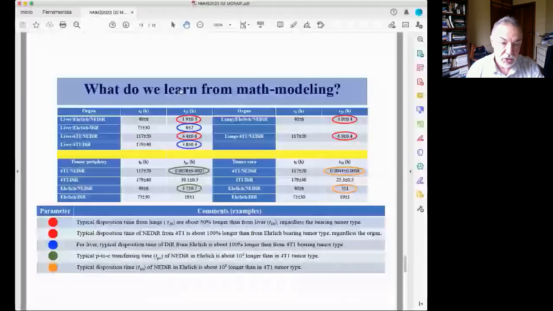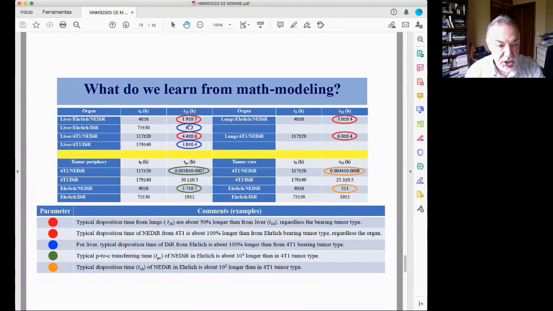And again, you can extract data with much more confidence than if you are not using mathematical modeling. So you can see a huge difference between the disposition time from lungs and the disposition time from liver.